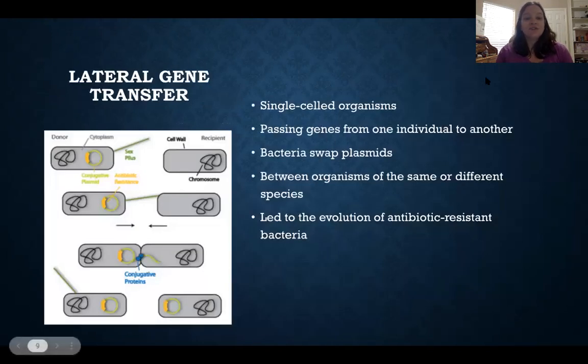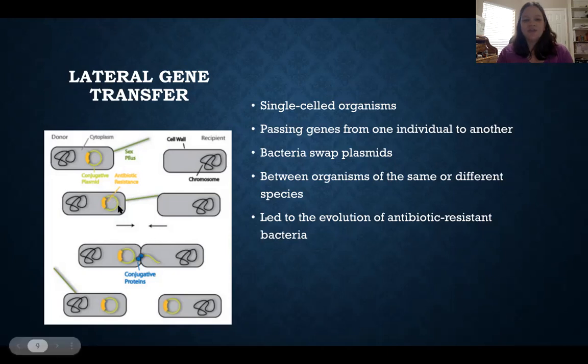All right, lateral gene transfer. This occurs in single-celled organisms like bacteria, where they can pass their genetics from one individual to another. They can just say, here, have a copy of my DNA. Bacteria have circular chromosomes, and they can also have what's called a plasmid.